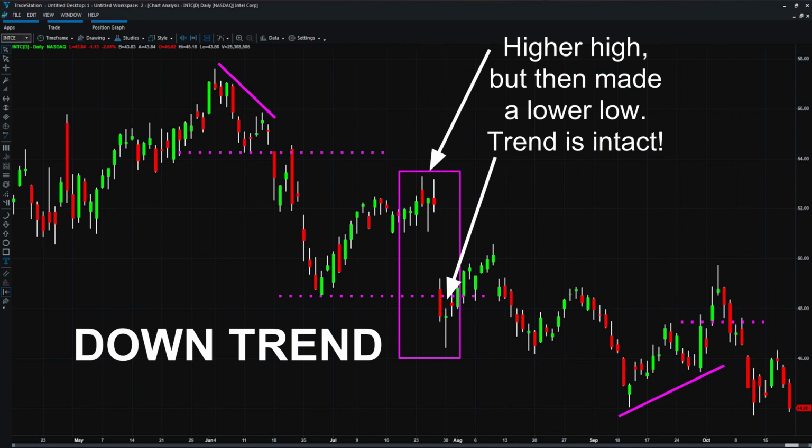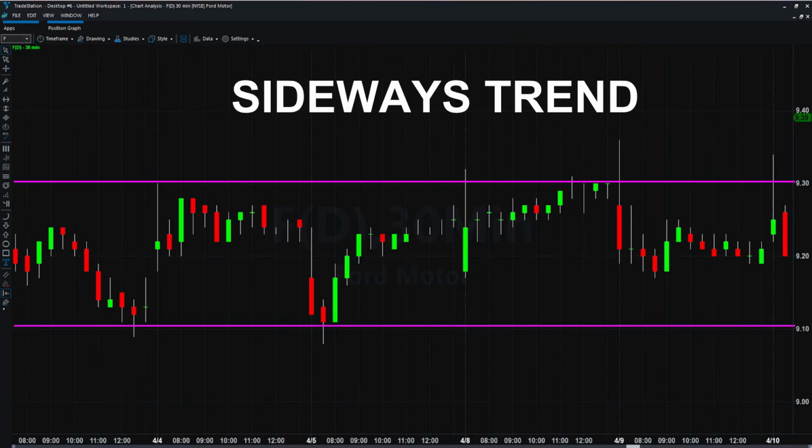If it had made a higher high and a higher low, and had done at least 2 of those, then we would definitively say that the trend reversed at that point. But it did not. It made 1 higher high, 1 higher low, a second higher high, and then a lower low. So it failed to actually establish that the trend was changing, and instead it confirmed that the trend was intact. Now here is a sideways trend, right?